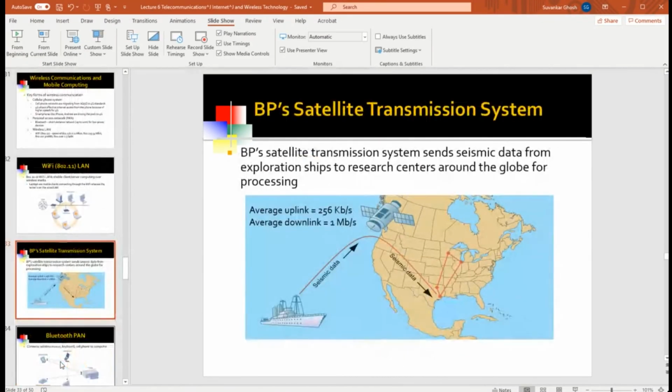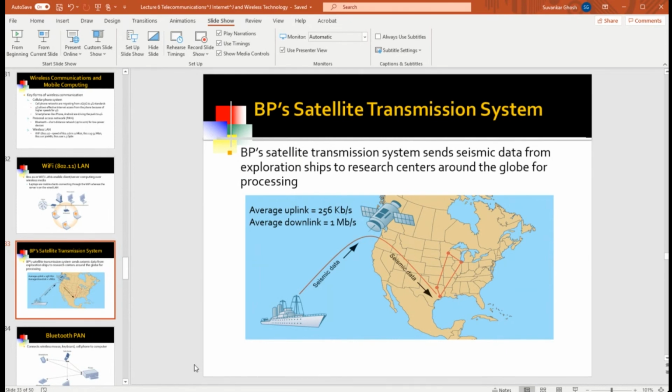Now, I should mention, I don't want to leave you with the impression that all wireless networks can be pushed as high as 1.3 gig, which is the 802.11ac standard. If you think about satellite links, where are they used? Well, they're used in ship-to-shore communications. So you're on a cruise.